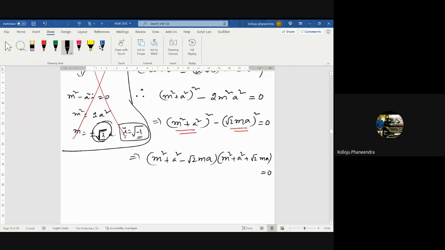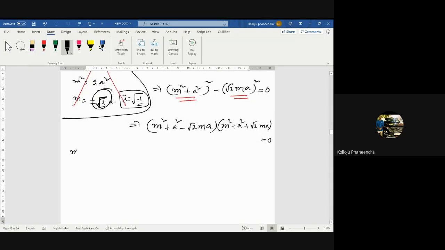So there are two quadratic expressions we are getting. Now I am writing that quadratic expression in what? In m. So I will write like this. First equation and the second expression: m square plus root 2a is the constant, m is the variable, plus a square equal to 0. So for this, what are the roots?